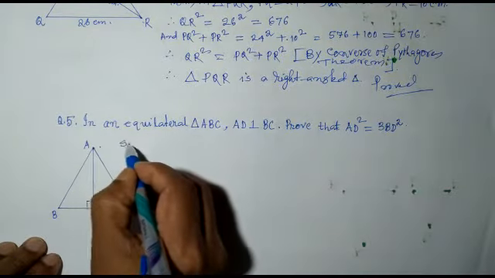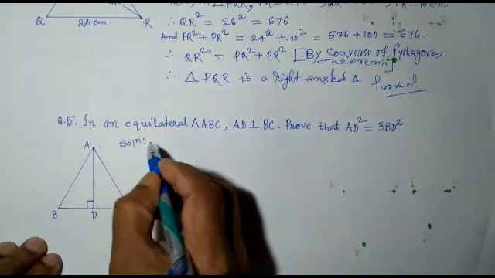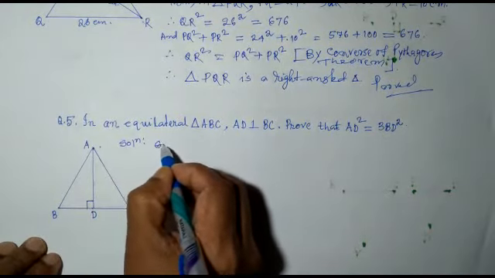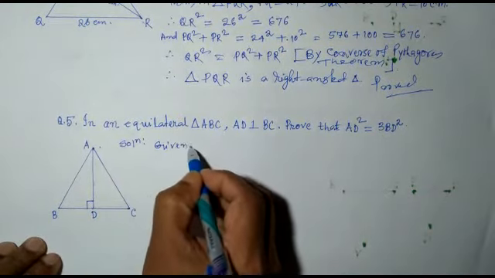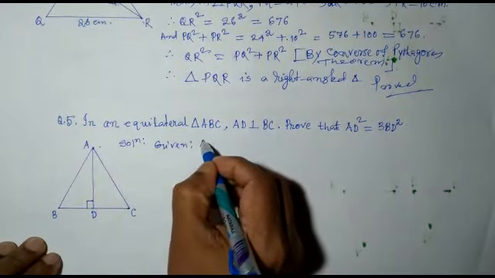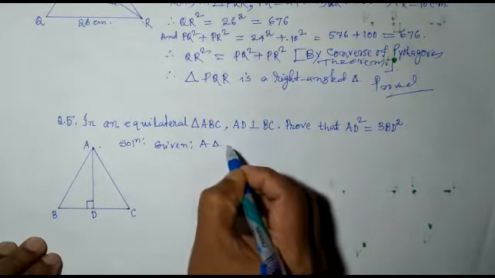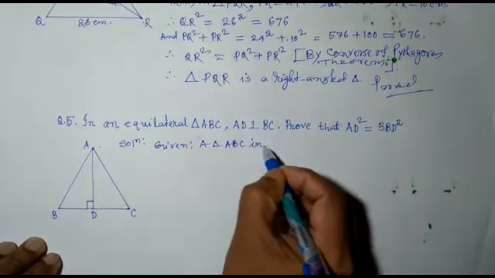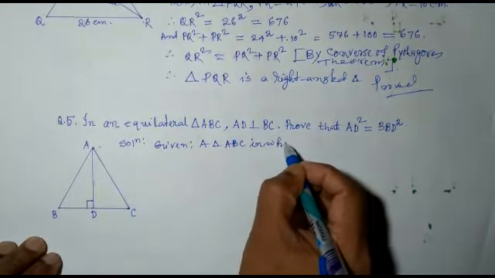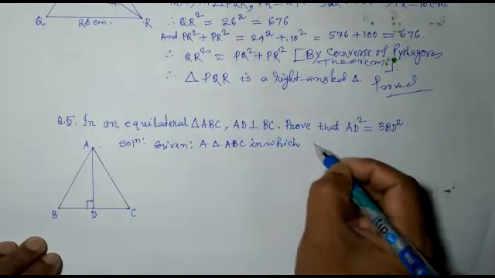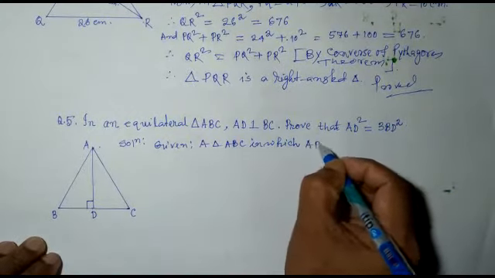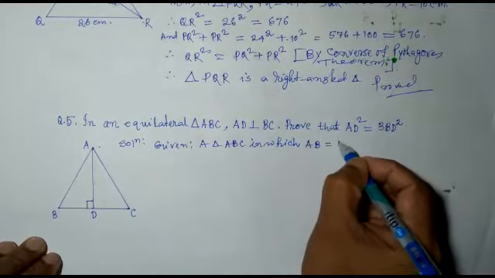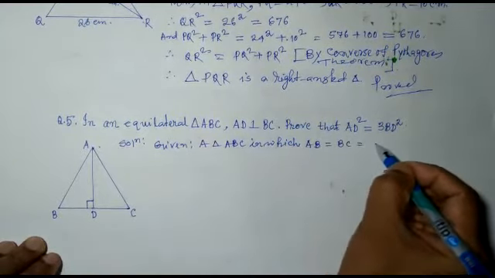So the solution we can write. Given a triangle ABC in which, equilateral triangle, so all the three sides are equal. AB is equal to BC is equal to AC.